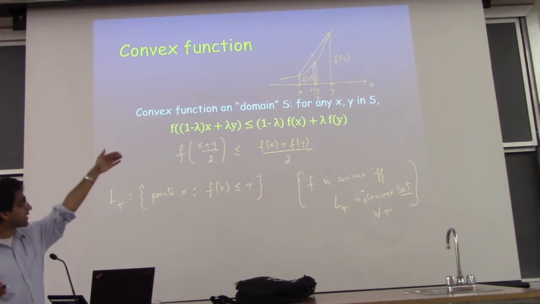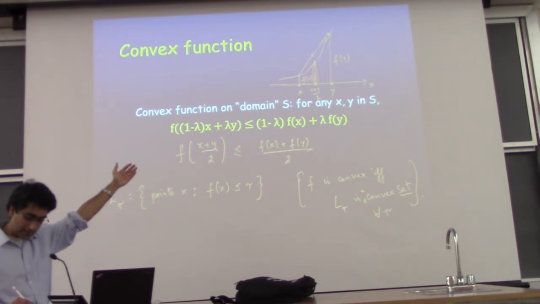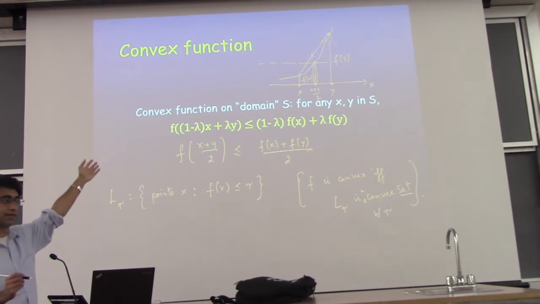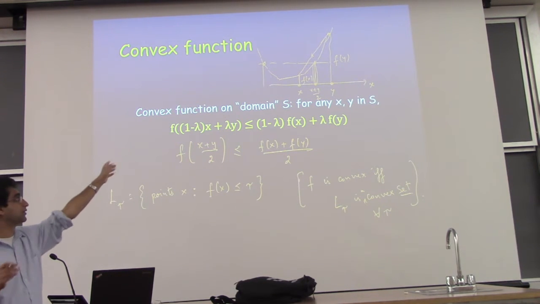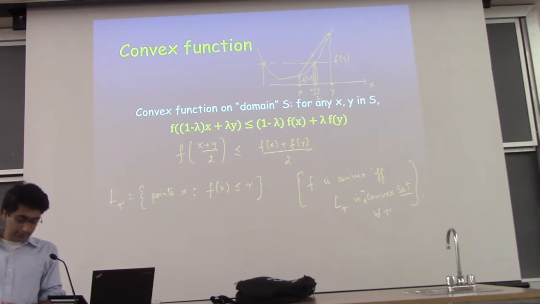This is like saying I look at all x where f of x is less than or equal to this. In this case it could be everything on this side of the x-axis, or maybe until this point. And this set is convex, right? Because it's just an interval. So this is an alternate way of defining this. If you don't fully understand it, doesn't matter. Just think of a convex function as something that satisfies this.